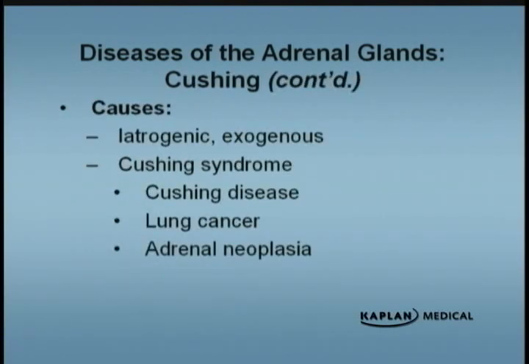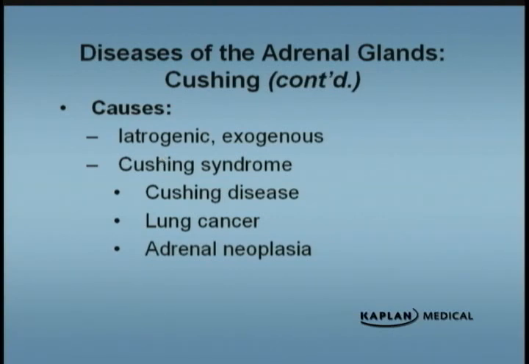Now, I want to give you a little bit of an overview and talk about these different types because they're important for the boards. Now, the most important one that we see clinically is iatrogenic or exogenous Cushing syndrome.